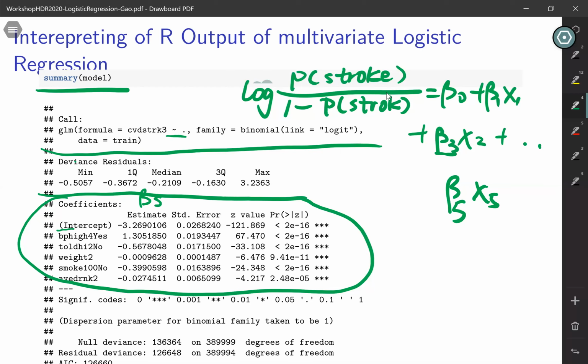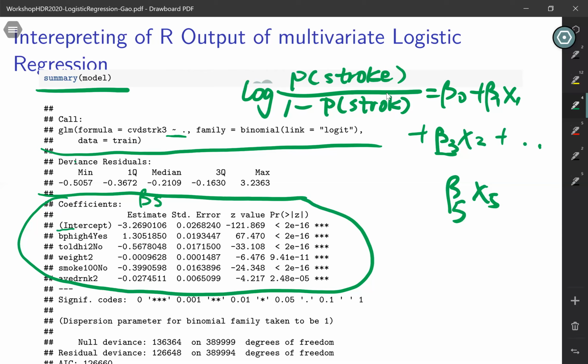Now remember, we need to interpret this. What do these numbers tell you? Can you explain those coefficients? We conducted a multiple logistic regression easily, but how do we interpret this result?